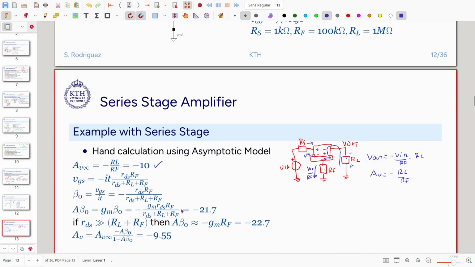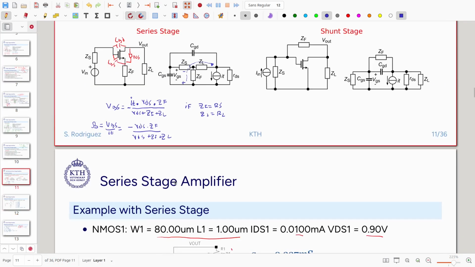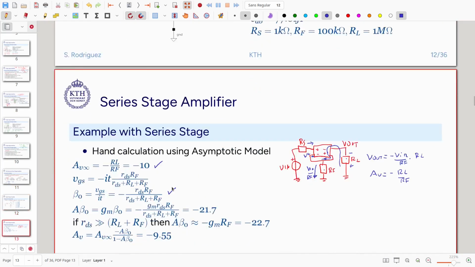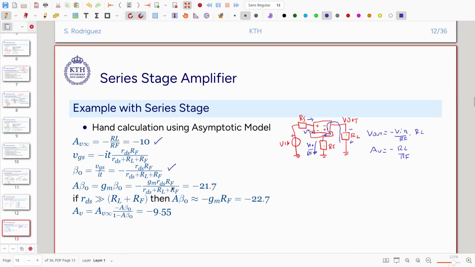So we have the following beta. If I replace the small signal values that I have here, I will get the following component at DC, minus 21.7.